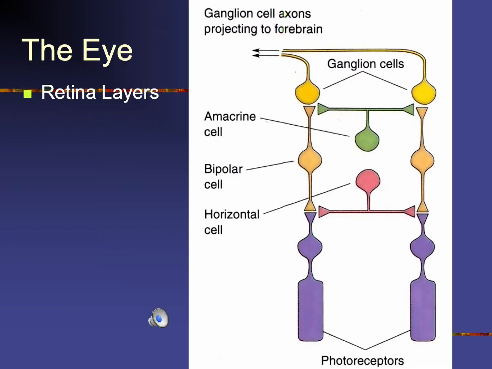Here you see the layout of the retina in a schematic. And so you have photoreceptors, you have horizontal cells and bipolar cells, amacrine cells, then finally you have the ganglion cells at the ganglion level. So the horizontal cells, the bipolar cells, and the amacrine cells perform an initial processing of the visual information so that it has high integrity by the time it gets to the ganglion cells.